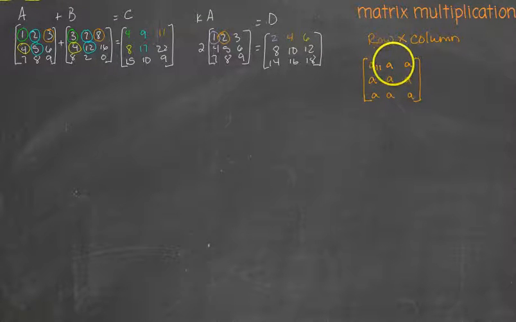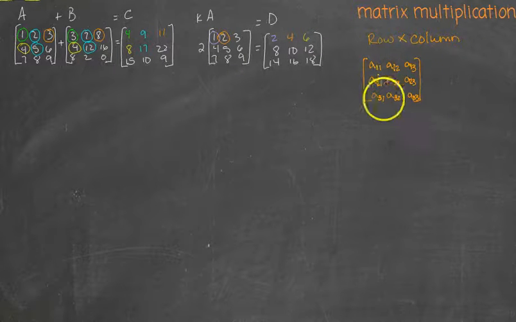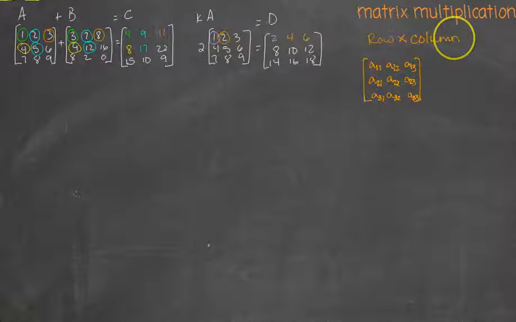This element is in the first row, second column, so we call that a12. a13, I mean, it's very simplistic. a21, a22, a23, a third row, first column, third row, second column, and third row, third column, and so on. If the matrix was bigger, we would just keep adding elements of either numbers for the column or numbers for the rows or both. And so we identify the location of an element in a matrix by row and column.